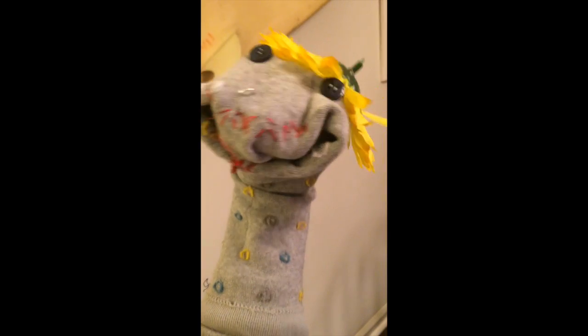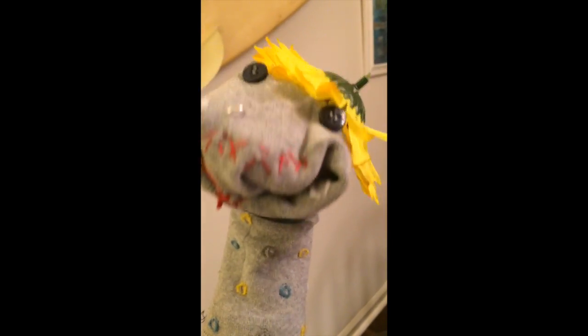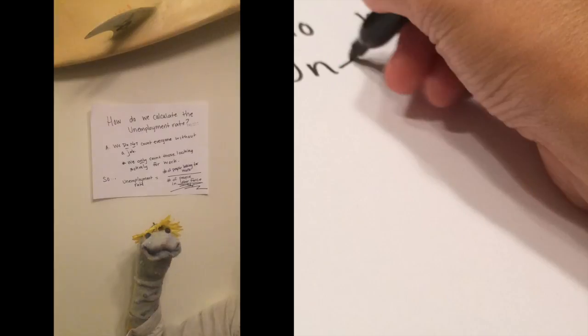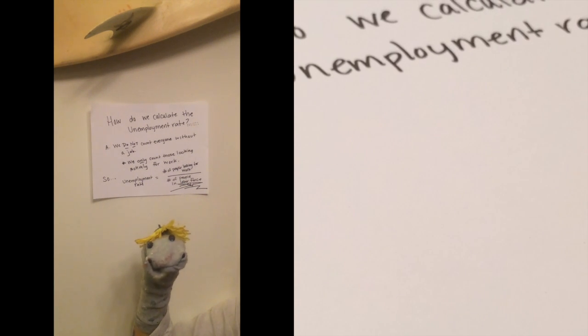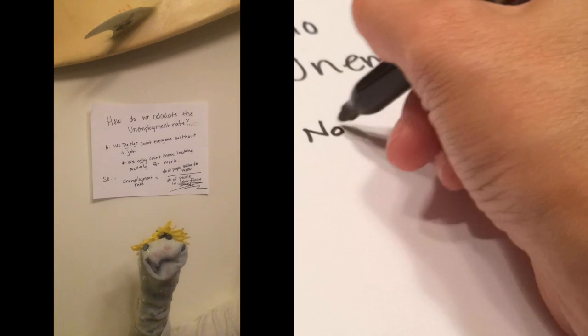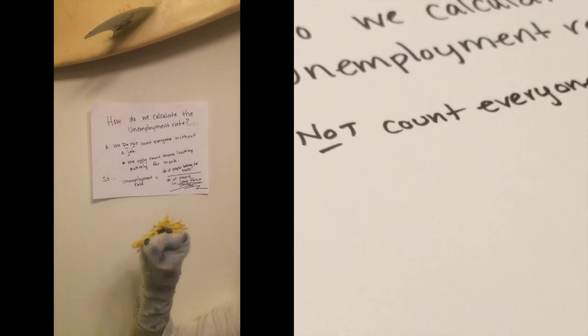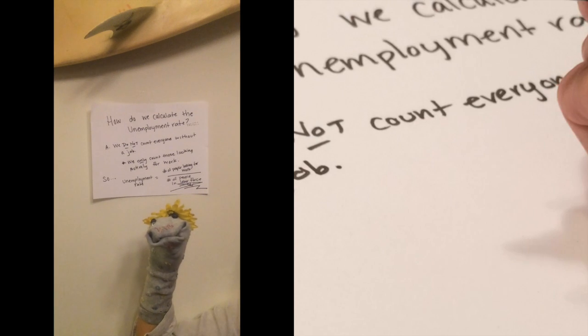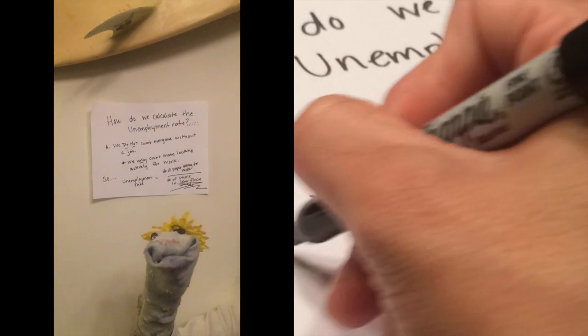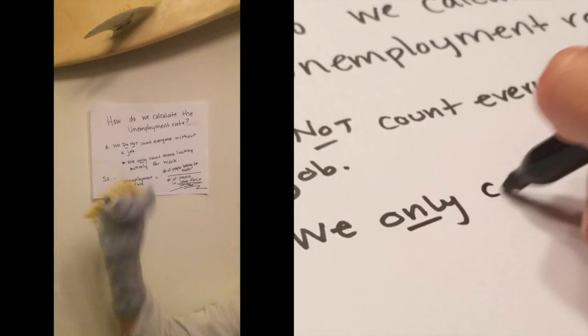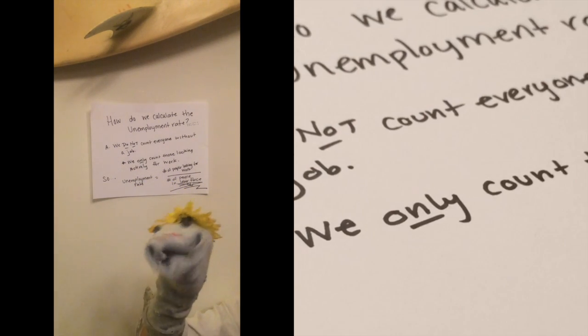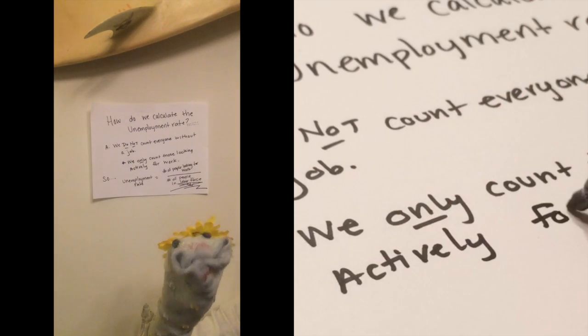So, let's take a look at how we calculate unemployment. We just learned that unemployment is a good indicator and measure of an economy's health. So how exactly do we figure out our unemployment rate? First, how do we measure who is and isn't employed?